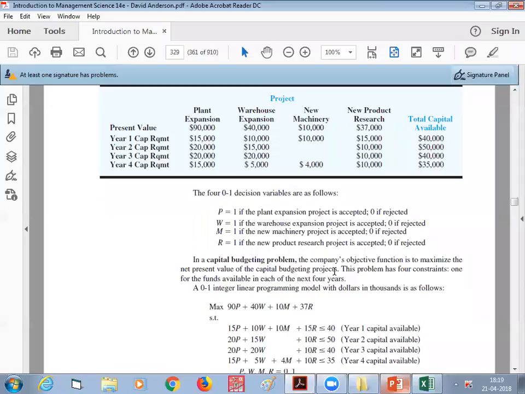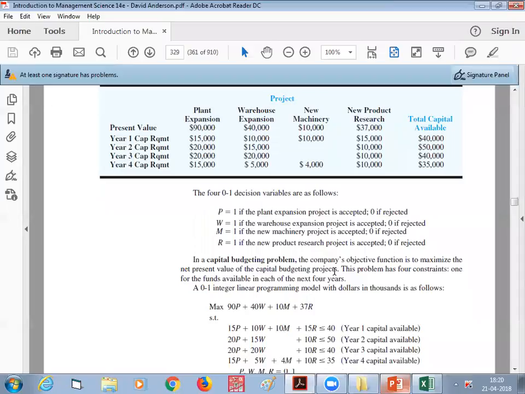What is the constraint? 15P plus 10W plus 10M plus 15R should be less than or equal to 40. In the next year, 20P plus 15W plus 0M plus 10R should be less than or equal to 50.